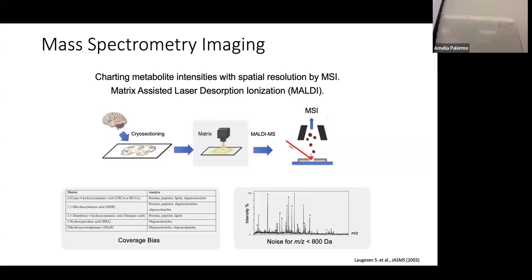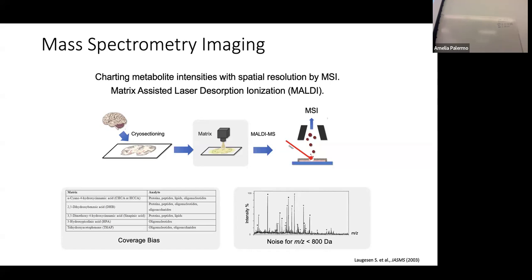Now, of course, this is a less soft technique than electrospray ionization. It comes with the advantage of having spatial resolution and being very direct on the sample. But in order to cause the desorption and ionization, the surface of the sample needs to be covered with what is called a matrix. And that's why it's called matrix-assisted laser desorption ionization. What is this matrix?